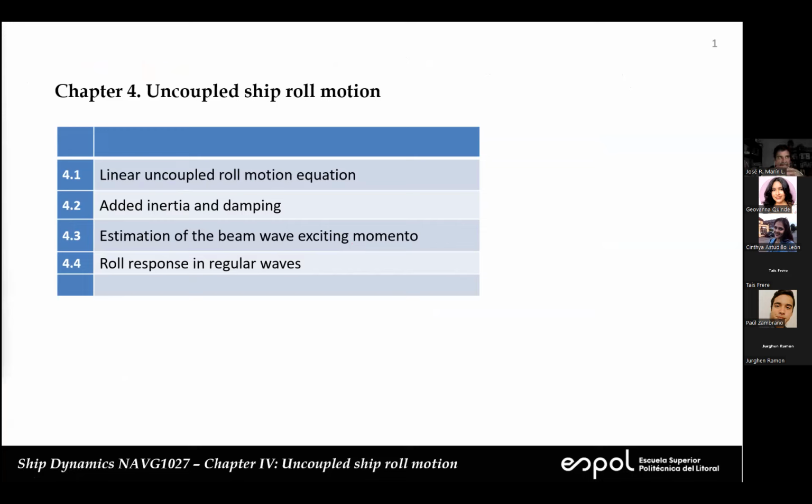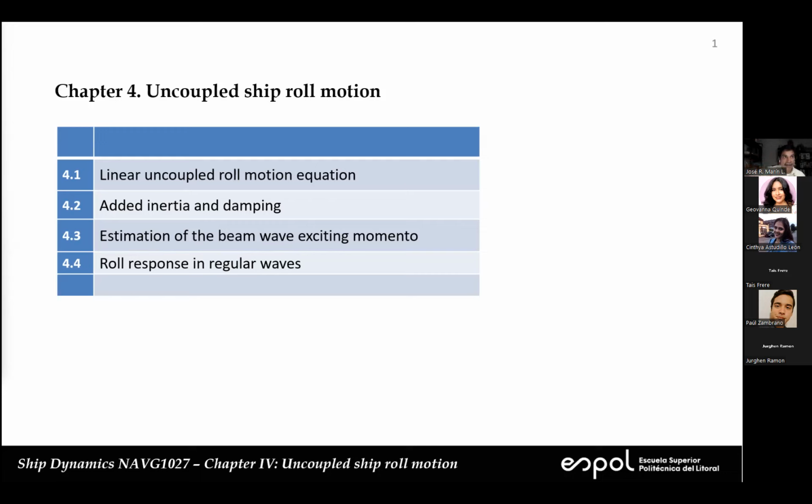We have everything coupled. Even, for example, if you receive the waves on the beam, right? You go up. And even though you receive waves absolutely from the beam, the action on the fore and on the aft ends is different. So you're going to have roll, heave, some pitch.